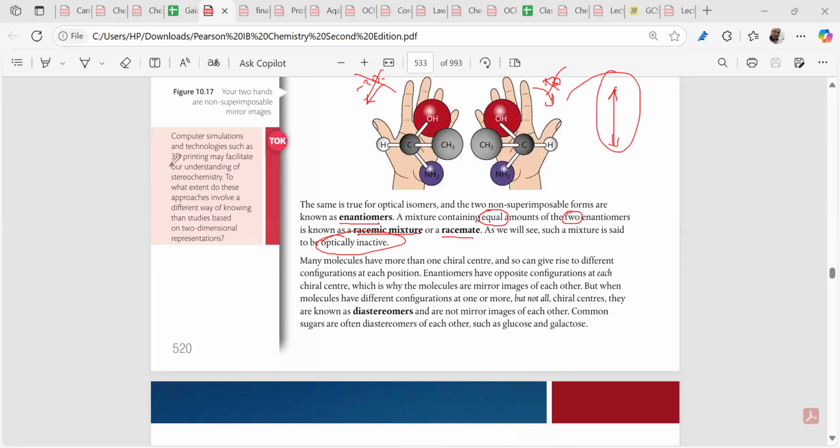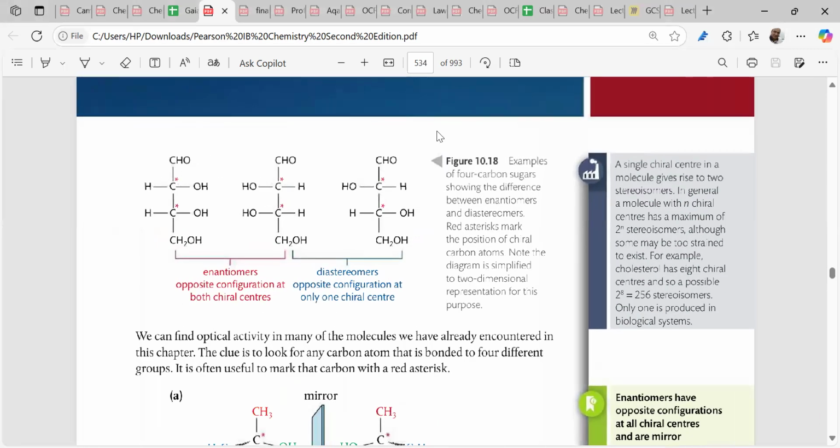Now, if you have chiral centers in more than one carbon, and you have another molecule which has the opposite configuration at each and every chiral center. See, this carbon has an OH group in the front side, this back side.